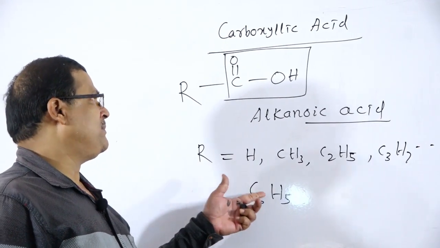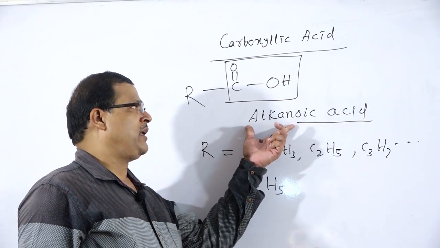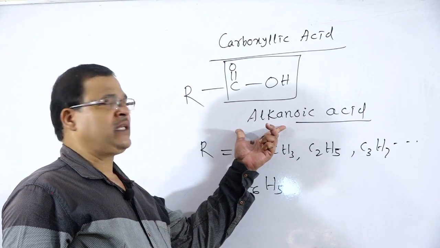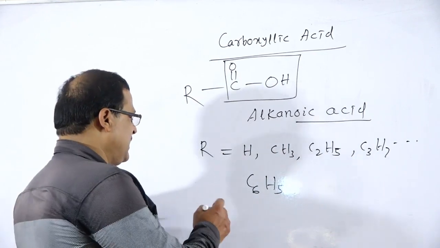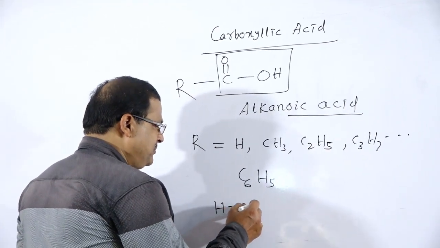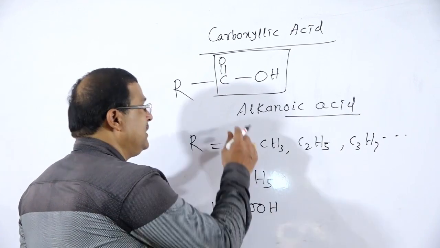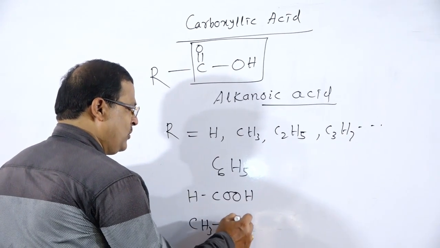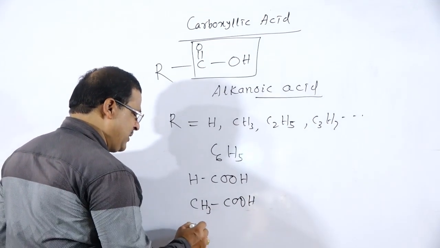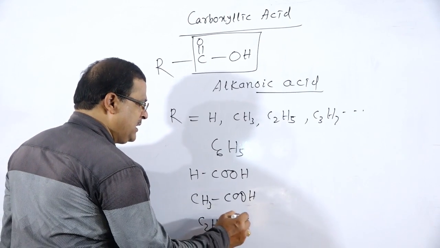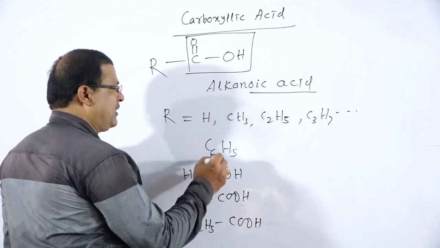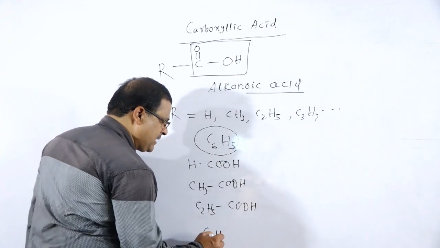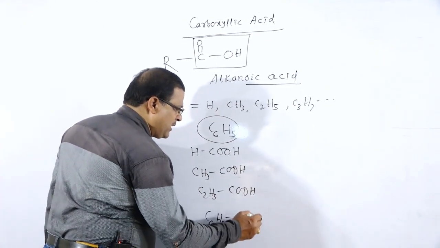By putting these values of R, we can determine the IUPAC names of these compounds. Instead of R, we can take H, so HCOOH, or CH3COOH, or C2H5COOH, or if we take C6H5, then C6H5COOH.